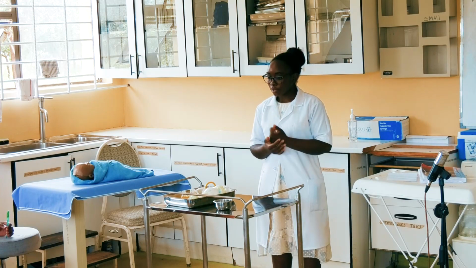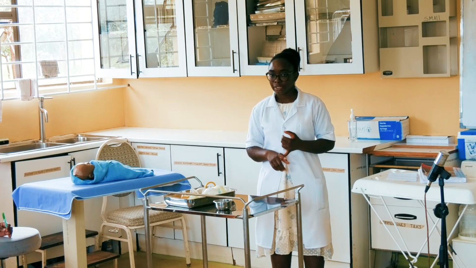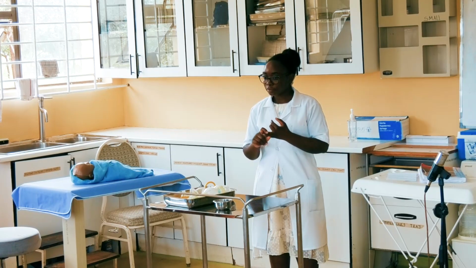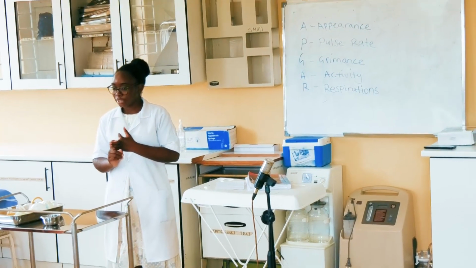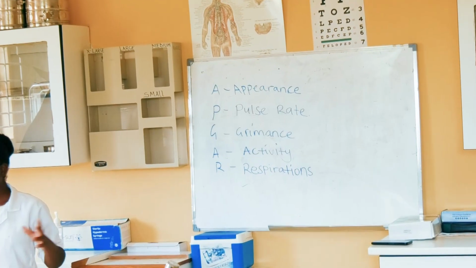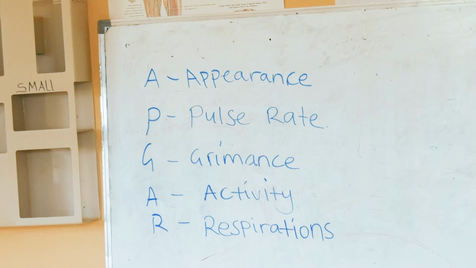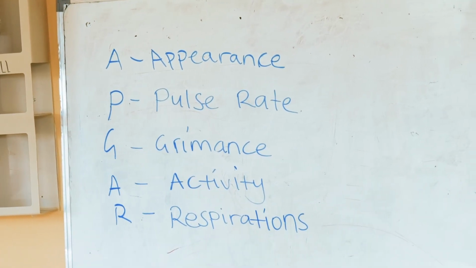We are going to assess the APGAR score at 1 minute. The next time we are assessing it is at 5 minutes, and the third is at 10 minutes. If we look at that time frame, it's within the period when you're supposed to do this procedure for resuscitation.